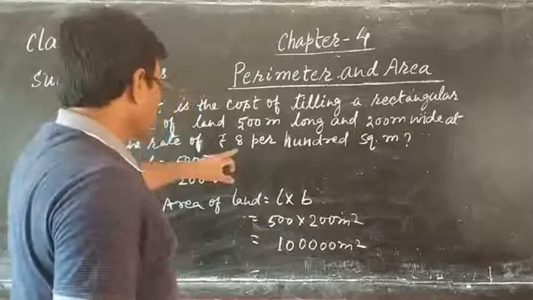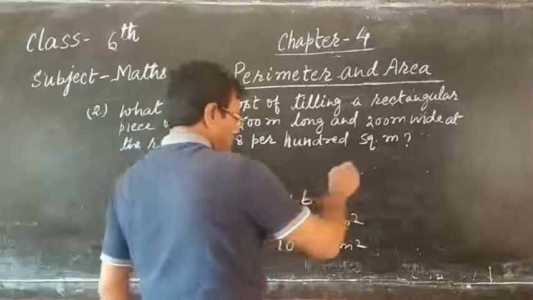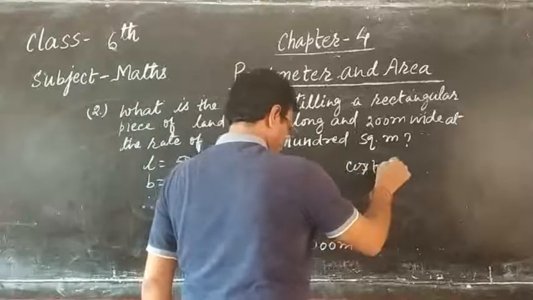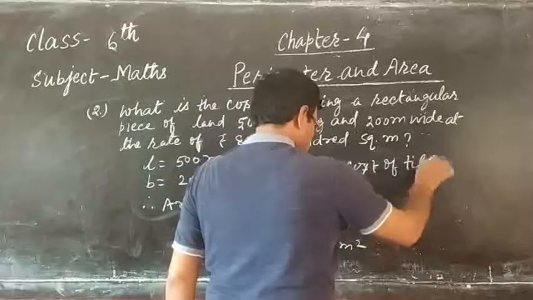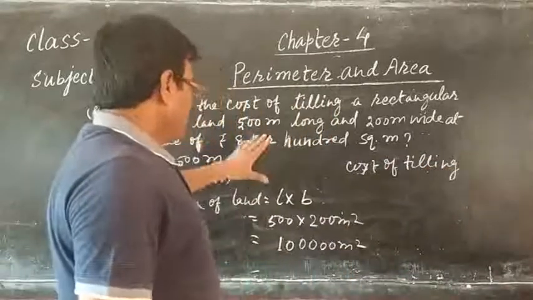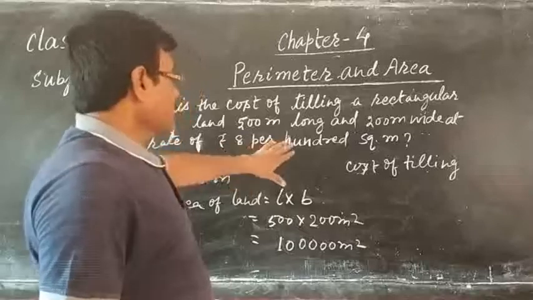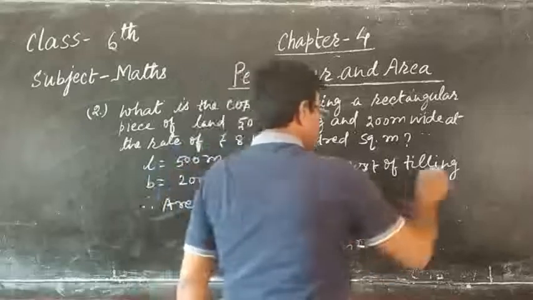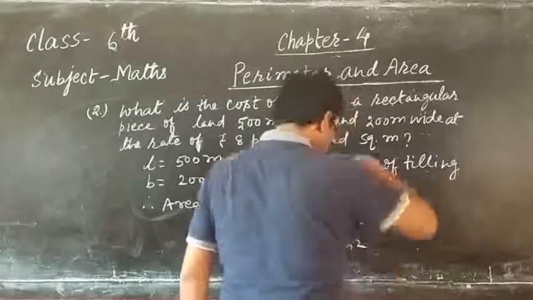Now we find cost of tiling. First of all we find the cost of 100 square meters. It is given 8 rupees per 100 square meter.